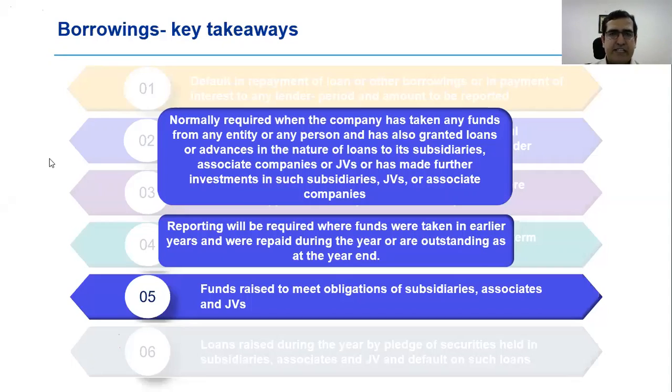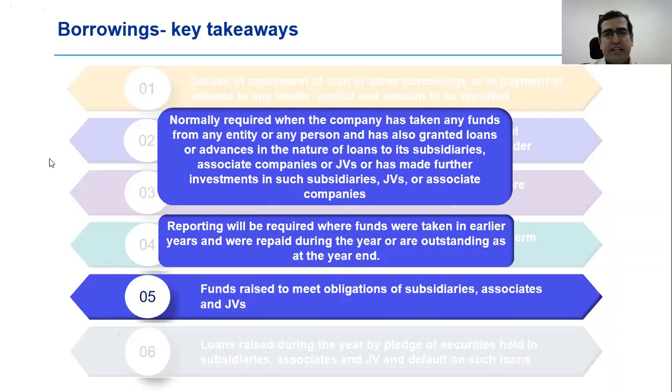So let me take an example where company A raises a term loan from a bank. That term loan raised from a bank is given by A to A's subsidiary. Now, on a plain reading, this would mean that this is reportable. One could actually practically challenge this by saying that what is the fundraising position or the financial position of A's subsidiary?